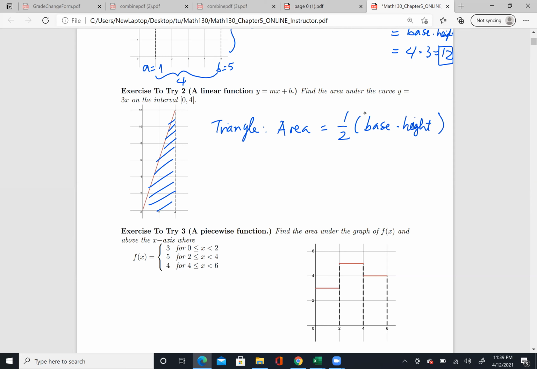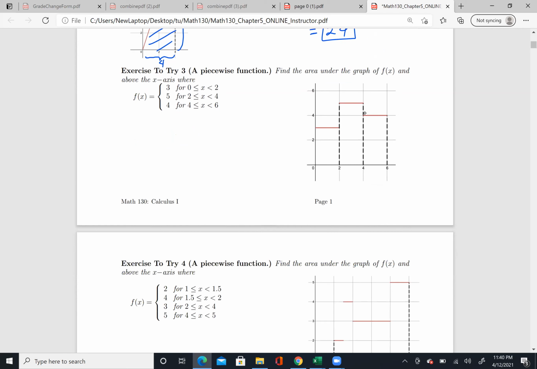We have 1/2 times the base, which is from 0 to 4, so 4. And then the height in here is from 0 to 12, so 12. So we have 1/2 times 4 times 12. That's going to give you 24 as the answer.